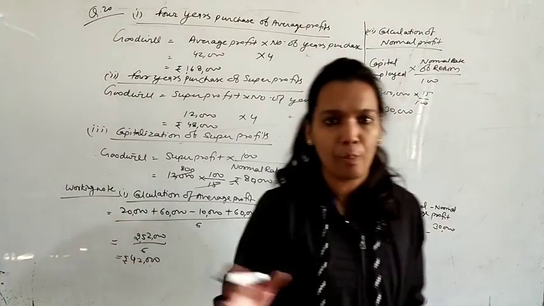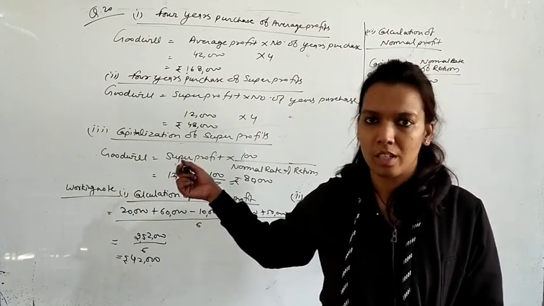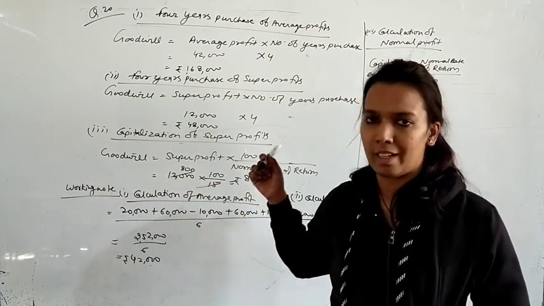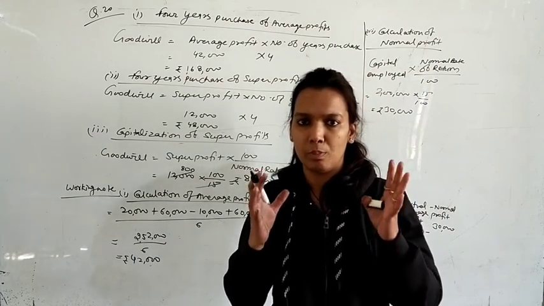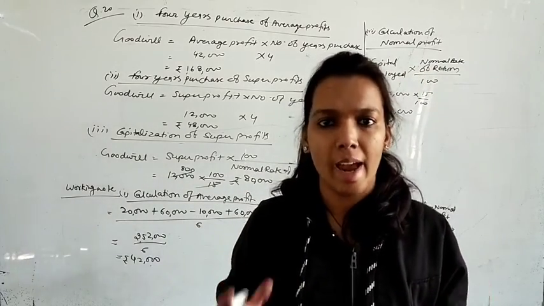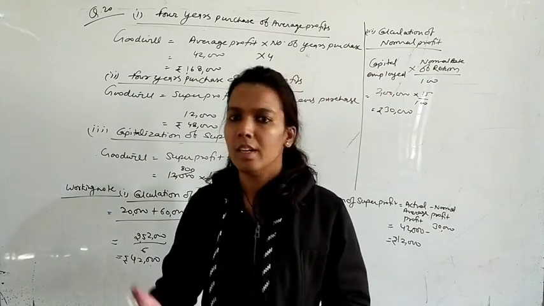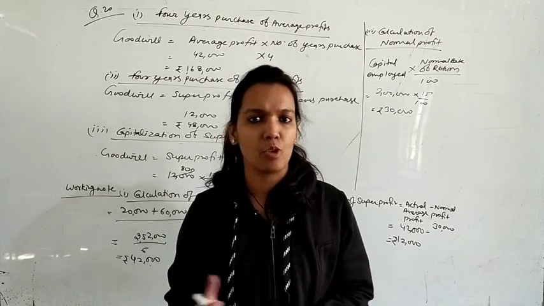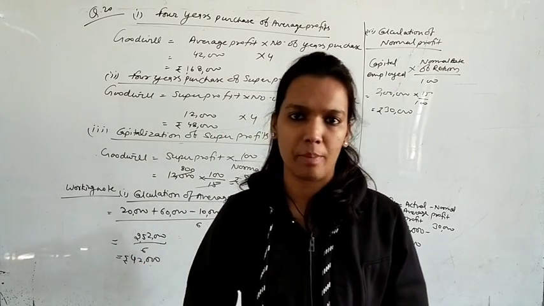I think now your methods are also revised, because these two methods already we have studied, and the third method, that is capitalization of super profit. So this point of valuation of goodwill is ended here. In next video we will start the next topic. You should practice these methods because these are not very difficult for you. In this simply you will be able to understand all the methods.